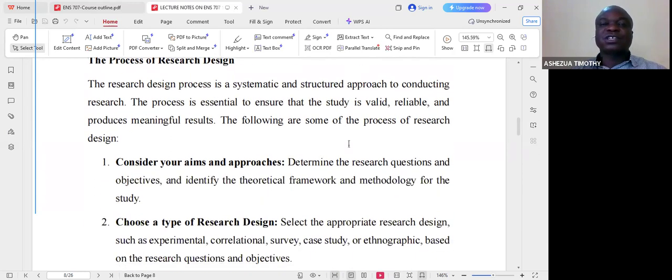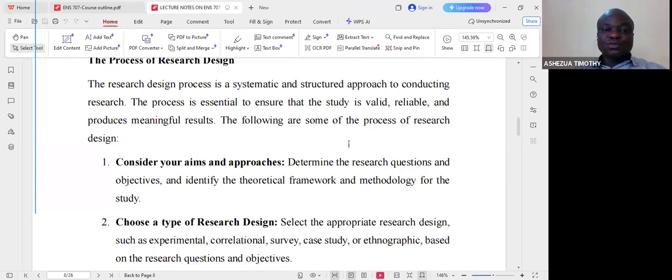One, consider your aims. You consider your aim and approaches. When you look at your aim, you specify some objectives, then you look at the approaches that you are going to use. That's why I said determine the research question and objectives and identify the theoretical framework and method. That's number one in the process of research design.